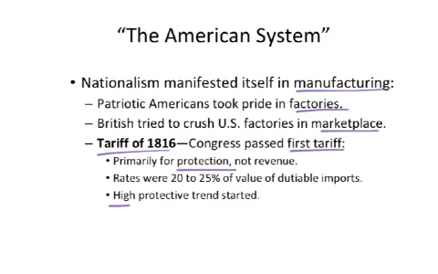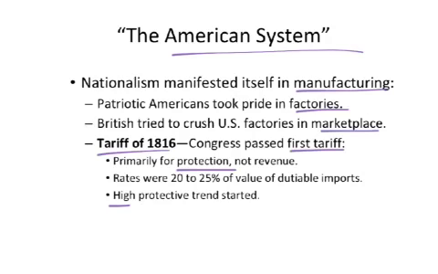The American system grew out of this time period, and nationalism was manifesting itself in American manufacturing. Patriotic Americans took pride in factories. Following the war, the British tried to crush these emerging U.S. factories by flooding the American market with cheap British goods.